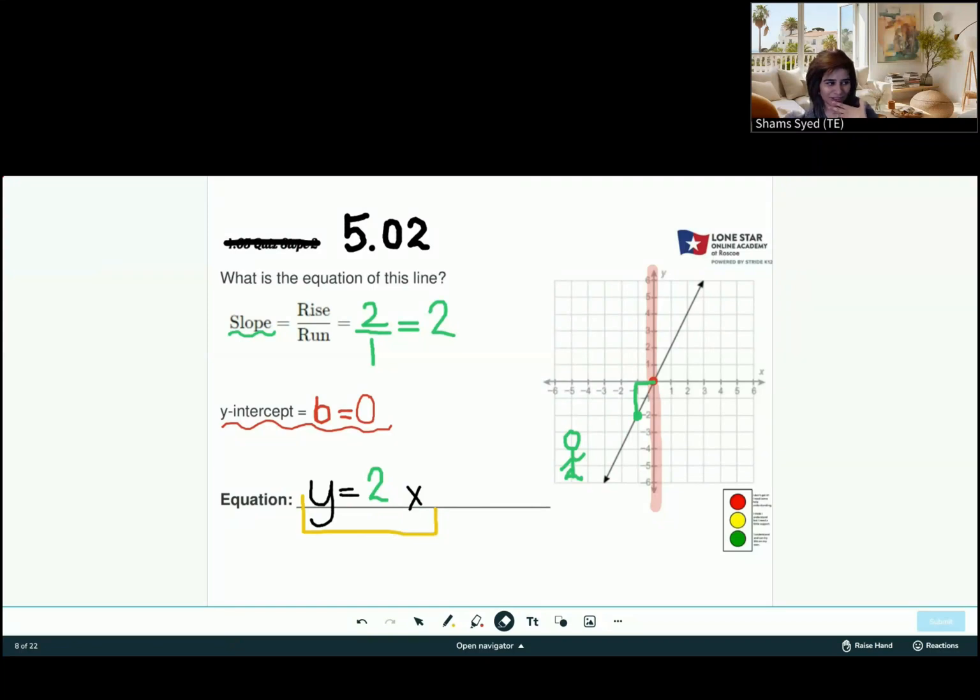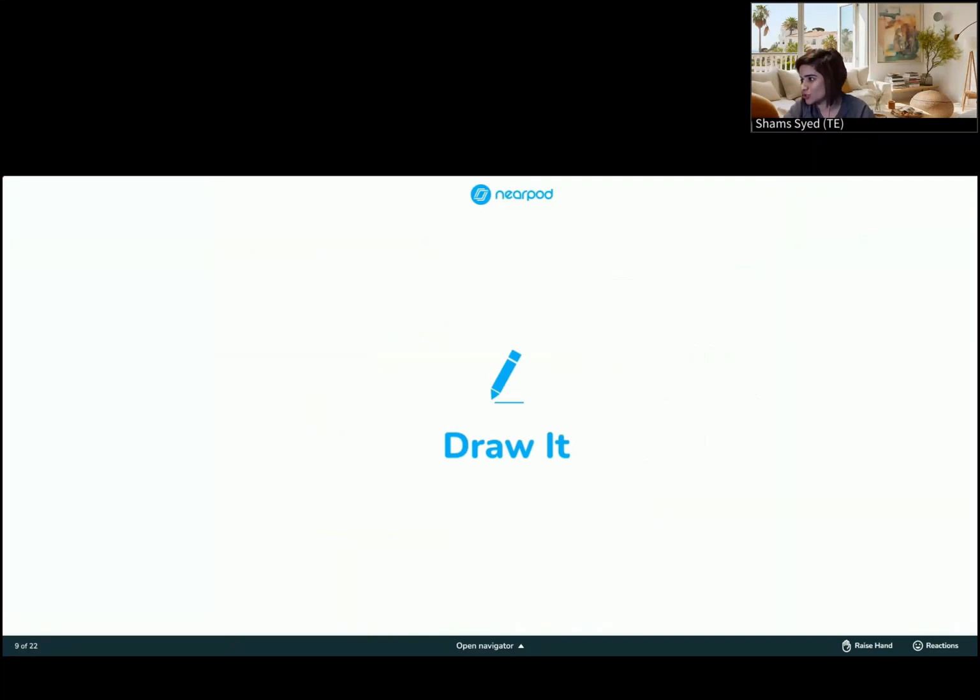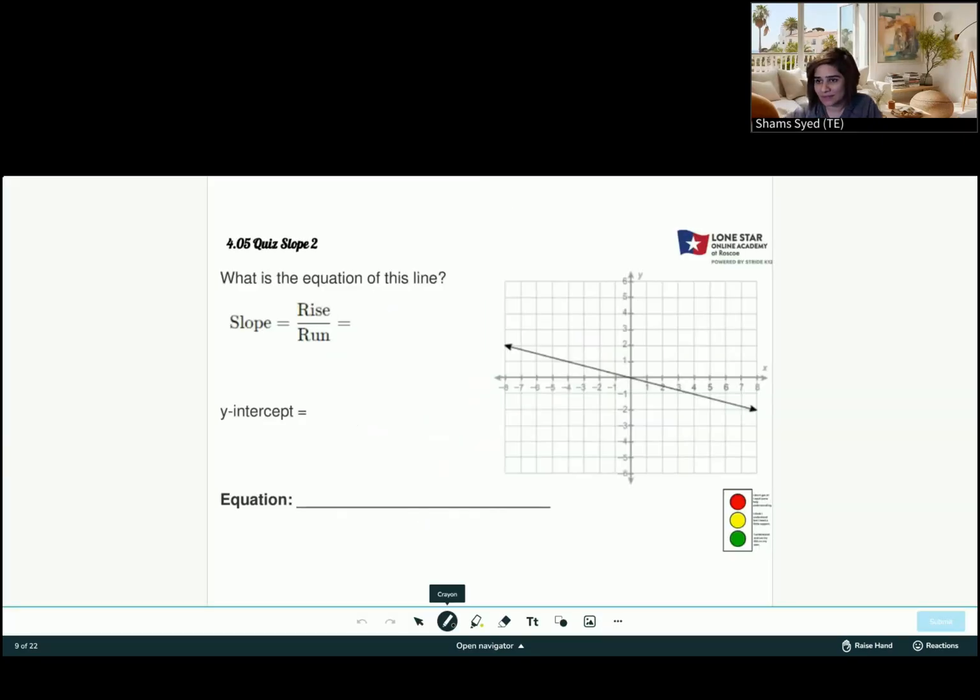The next set of questions are very alike. They're all proportional graphs. Notice the next set of questions, they all pass through the origin and they are proportional graphs. And that means our y-intercept is 0. Got it? Yes, Andromeda.